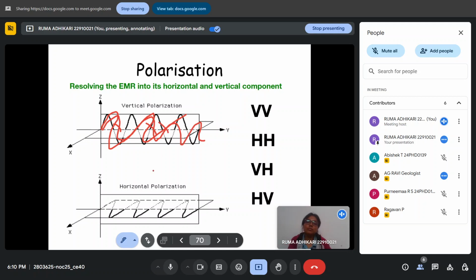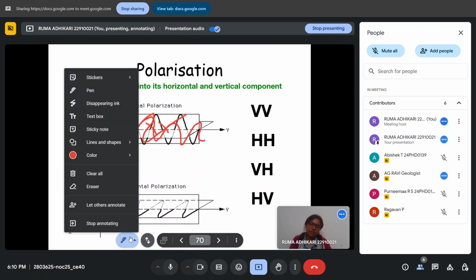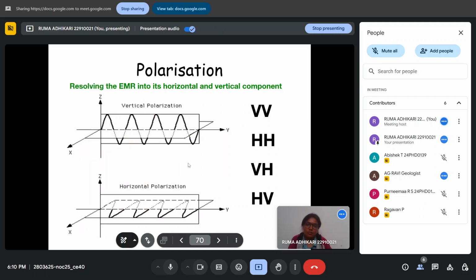So what to do with those? That is why we call it polarization. Polarization, or better said polarimetry, the study of this domain, is nothing but the filtering.